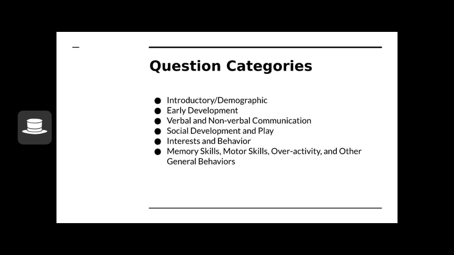Then we get into verbal and nonverbal communication skills, social development and play, a child's interests and behaviors, and finally some things that fall into general behavior questions or those related to executive functioning. So this could be memory skills, motor skills, and a child's over or under activity.